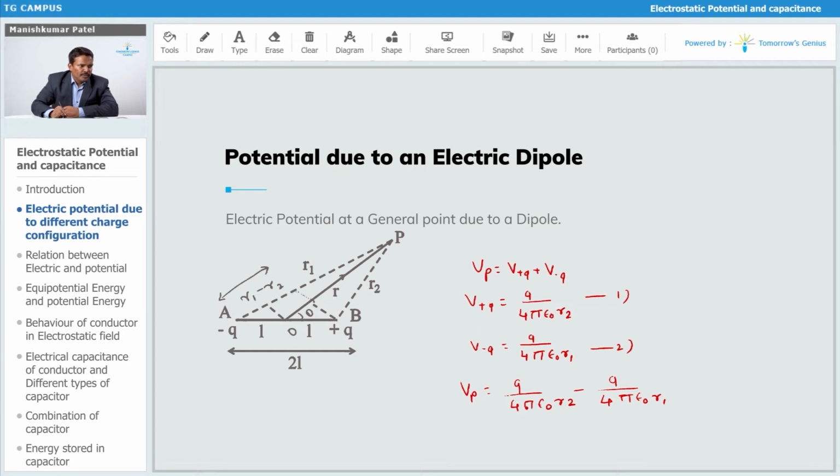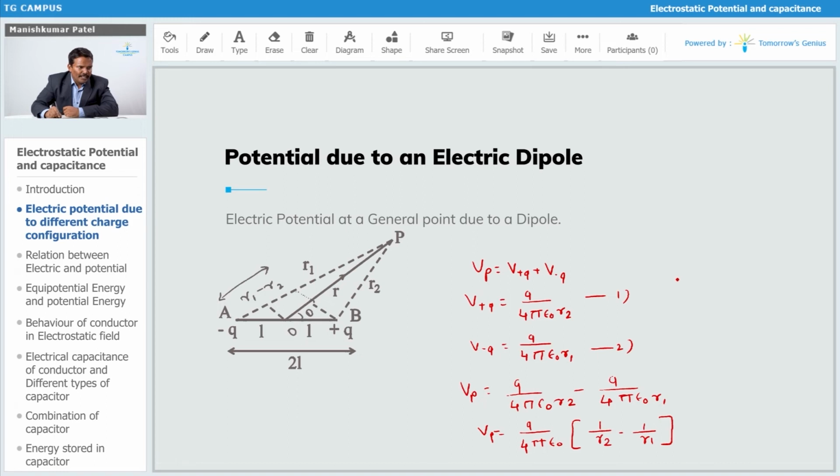So just add these two terms. If you take Q upon 4 pi epsilon naught common, 1 upon R2 minus 1 upon R1 is the value of your potential.